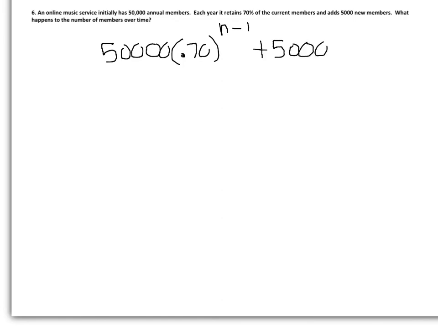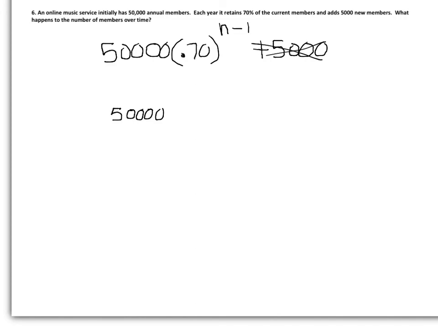But how do you find the sum of an infinite geometric series? Because even if you add the 5,000, it's not going to really matter because it's still just going to do 70%. So at some point, those are going to balance out. So you don't even need to include that.